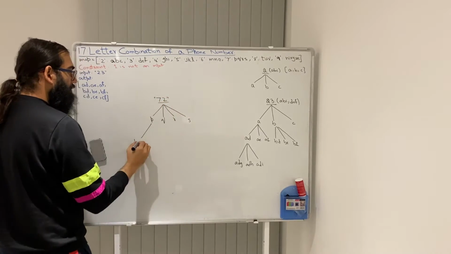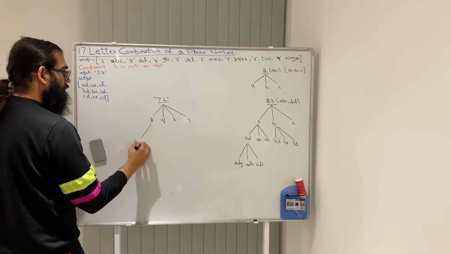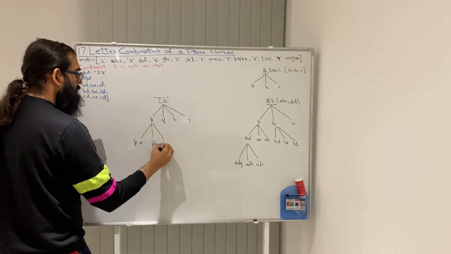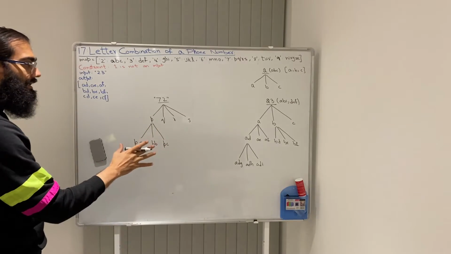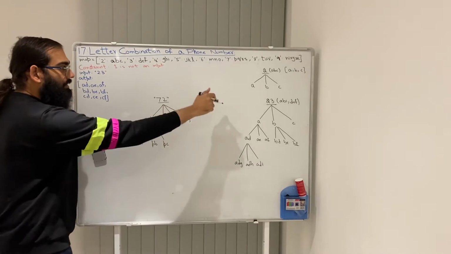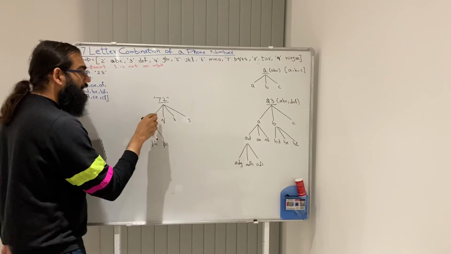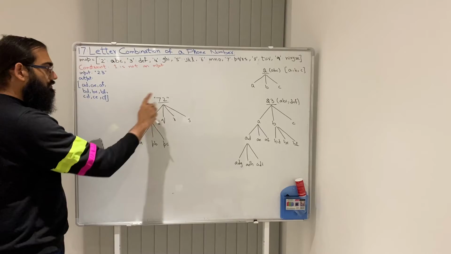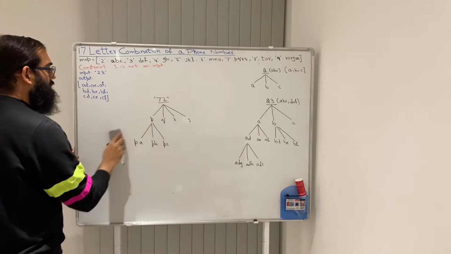So in this case what will happen? PA, PB, PC. So now here you can see the tree is going to be different. Before that we have 3 branches because 3 3. In this case I have 4 branches, then 3 branches. So we will see how to take care of this.